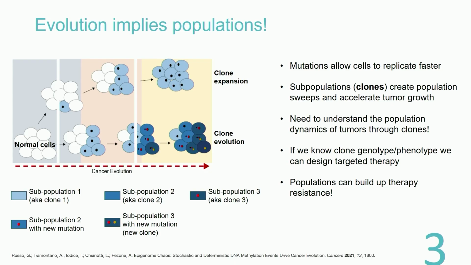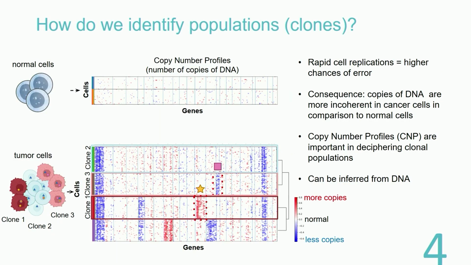So, these subpopulations are loosely defined as clones. And how do we really identify these clones? Well, we look at their genetic or DNA data. More specifically, we look at the copies of DNA that are present across these different cells. Across normal cells, you generally see a uniform copy of DNA across all of the cells.